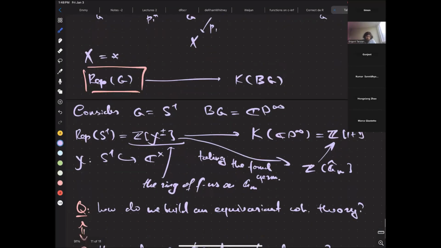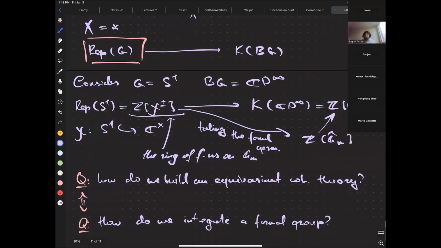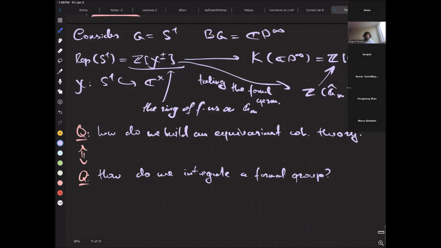Because truly what happened here was that we had a formal group. That's just the regular K theory. And then what we want is a non-formal group, like an actual algebraic group. And so to find, for example, an S1 equivariant version of a cohomology theory amounts to finding an actual algebraic group that corresponds to your formal group.